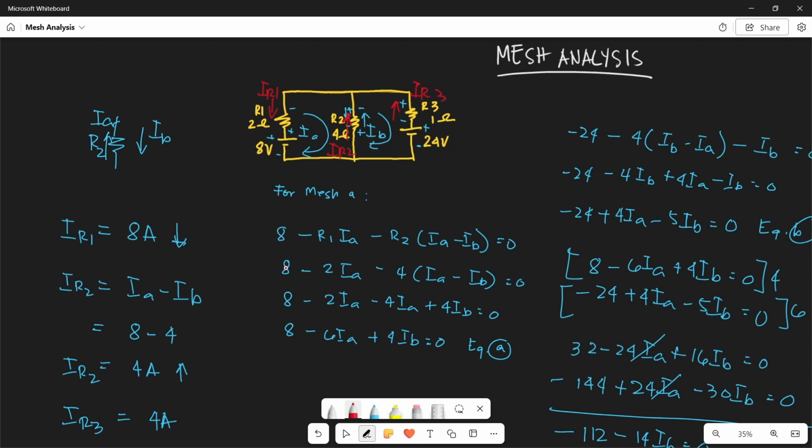Okay, so if we want to check, so this is upwards as well. So if you want to check the currents, if we got all the currents right, if we apply KCL at this node, the sum of these two currents going to that node will be equal to the current going out of that node. So IR2 is 4, IR3 is 4, so that's 8. That's equal to IR1, which is also 8 amperes.